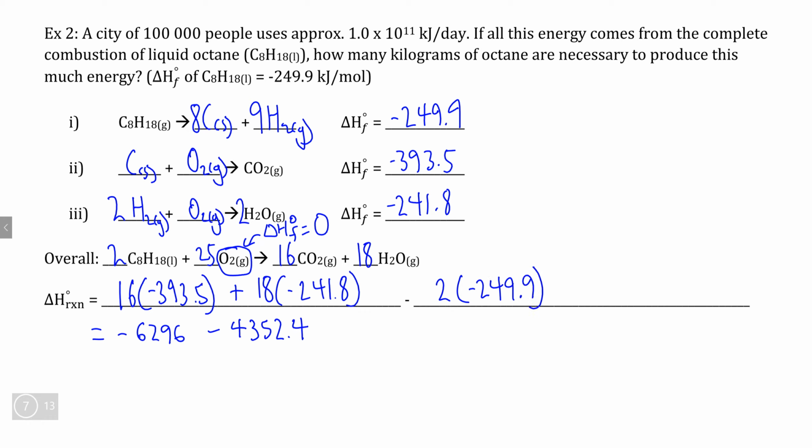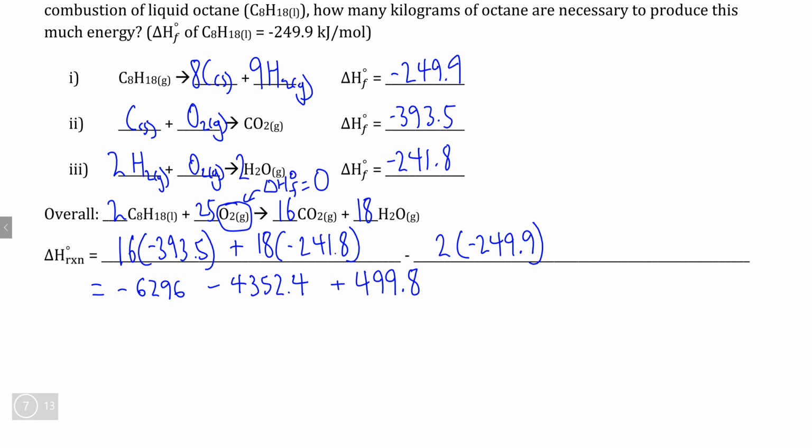And again, if we multiply a negative times a negative, it becomes a positive 499.8. And if you put these numbers into your calculator, you'll find that the total standard molar enthalpy of reaction for this reaction comes out to be negative 10,148.6 kilojoules.